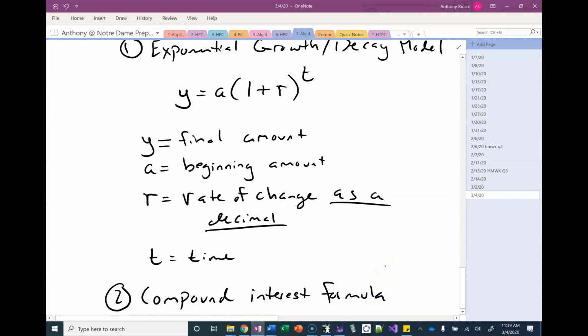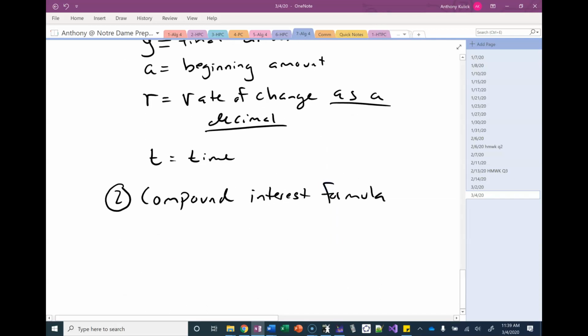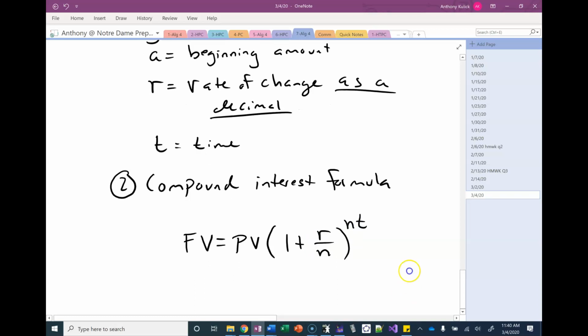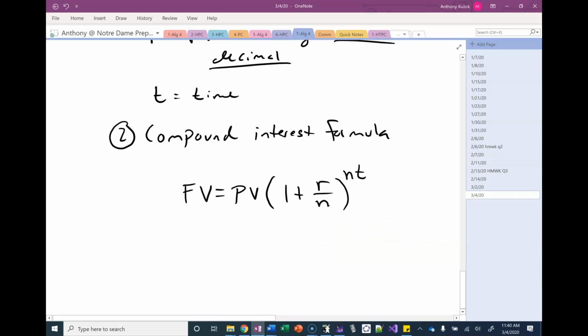The second equation that we're going to look at or use today is called the compound interest formula. Which is FV equals PV times 1 plus R over N to the NT.